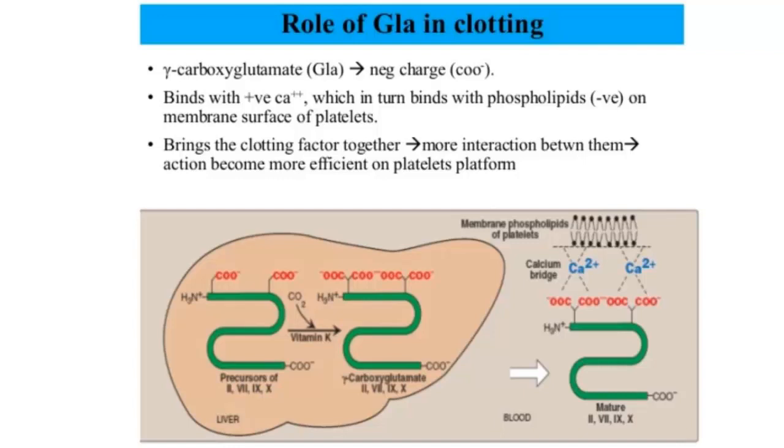The gamma carboxylation of clotting factors renders them a negative charge, which in turn helps them to bind with the positive calcium ion, which in turn binds with the phospholipids of the cell membranes of platelets, which carry a negative charge, thereby bringing the clotting factors together, resulting in more interaction between them, and the action becomes more efficient on the platelet platform.